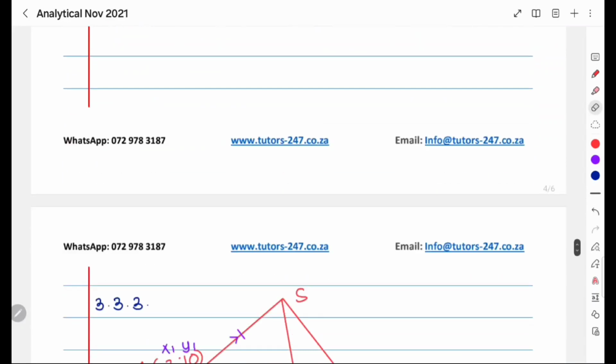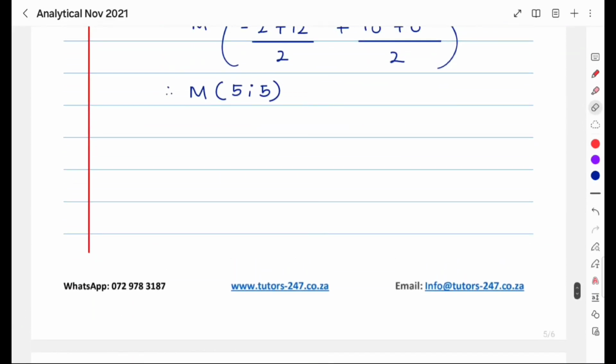This is 3.4.1. The coordinates of T are P and P. The coordinates of E are 12 and 0. Going to make this my x1 and y1 and x2 and y2.